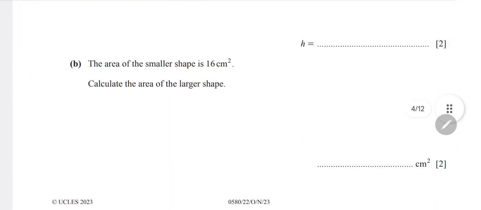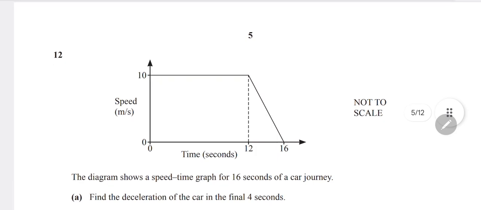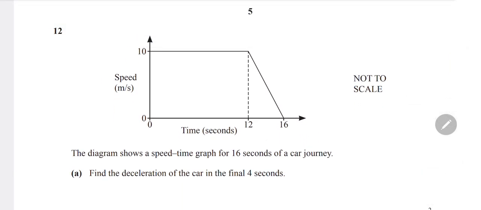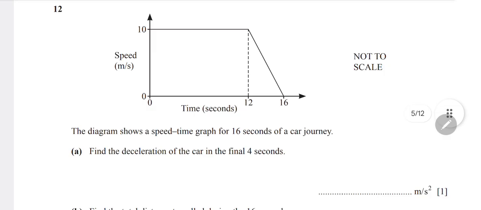Question number 12. The diagram shows a speed-time graph for 16 seconds of a car journey. Find the deceleration of the car in the final 4 seconds, from 12 seconds to 16 seconds. At 12 seconds, its speed is 10.